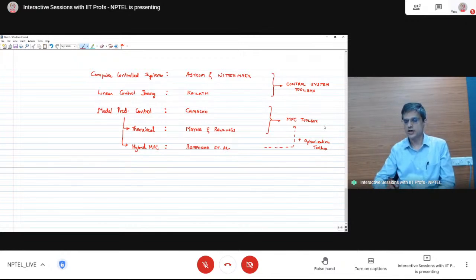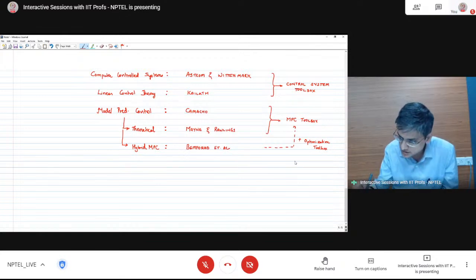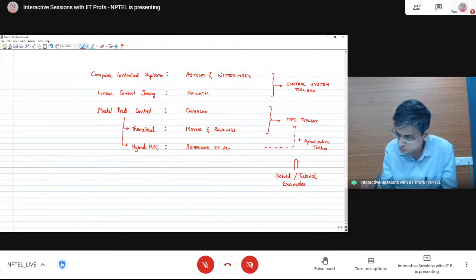Now, why I'm talking about the toolboxes is that most of the toolboxes have solved examples or tutorial examples in their user guides.